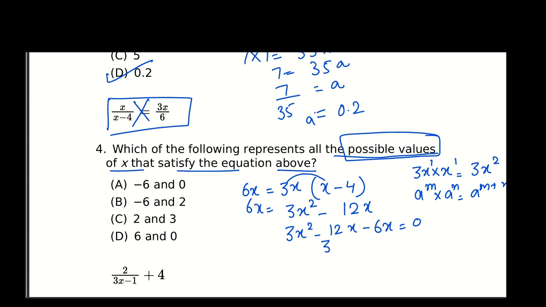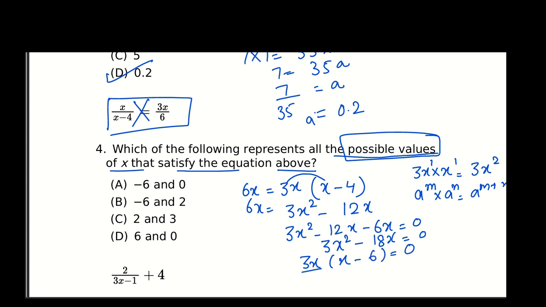When we take one term from the left to the right, the sign changes. 3x square minus 18x equals 0. Here we are going to take 3x common, x minus 6 equals 0.